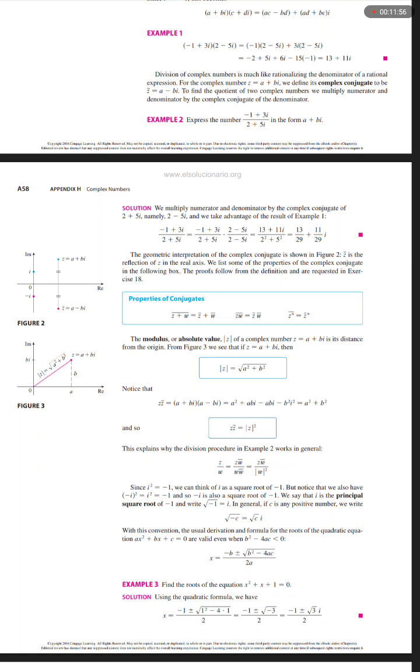With this convention, the usual derivation and formula for the roots of the quadratic equation ax squared plus bx plus c equals 0 are valid even when b squared minus 4ac is less than 0. x equals -b plus or minus the square root of b squared minus 4ac over 2a.